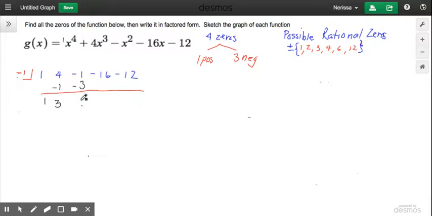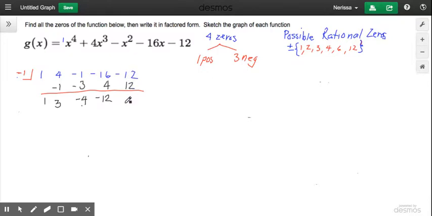Negative 1 minus 3 is negative 4. Negative 4 times negative 1 is positive 4. Negative 16 plus 4 is negative 12. Negative 12 times negative 1 is positive 12.